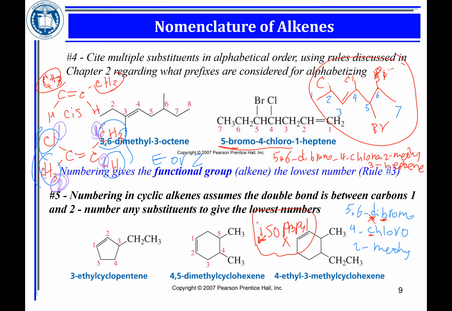Now, if the same priorities are on the same side, we cannot call it the same group here because one is Cl, one is CH3. If the same priorities are on the same side, it is going to be called Z. Z comes from a German name, but to make it easier to remember, read it as same, the same side.